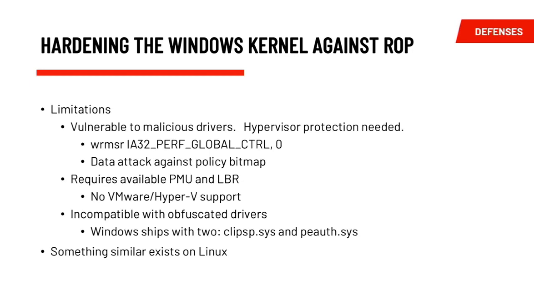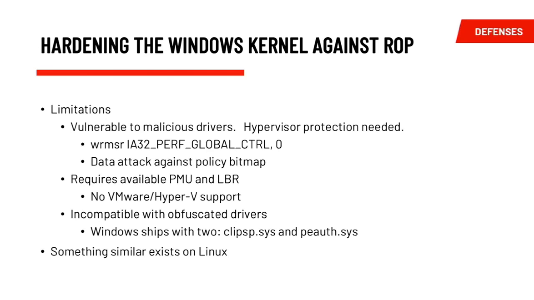This system does depend on being able to accurately determine valid return sites. Remember I was talking before about the call needing to have the return site immediately afterwards. Unfortunately, there are two drivers loaded into the Windows kernel by default that are obfuscated: clipsp.sys and peauth.sys.